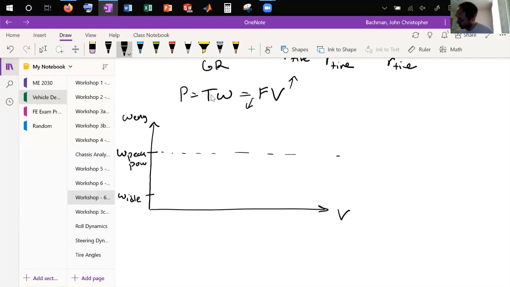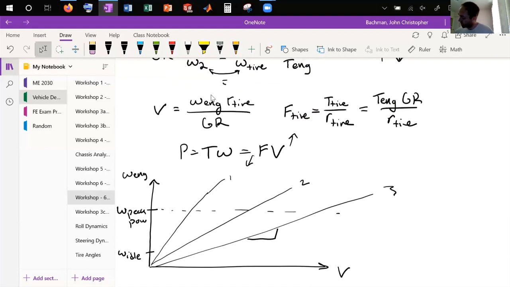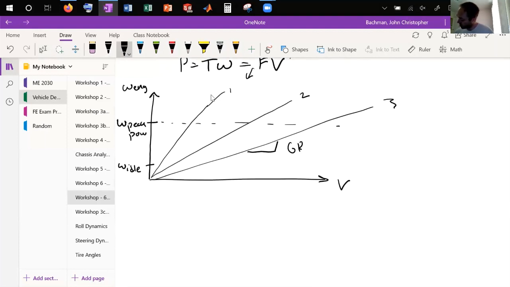So what you'll see is basically the different gearings are different slopes coming out of, we'll draw 3 gears. So this is maybe like first gear, second gear, third gear. And the slope, right, it's going to be omega divided by V. So it's your gear ratio divided by the radius of your tires, that slope.